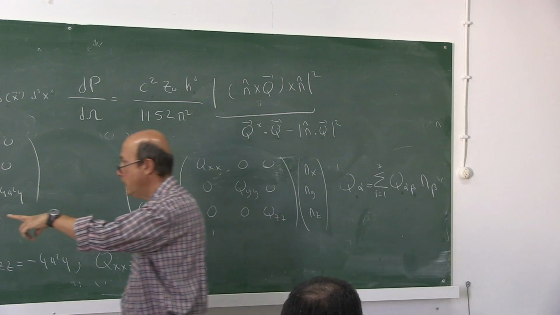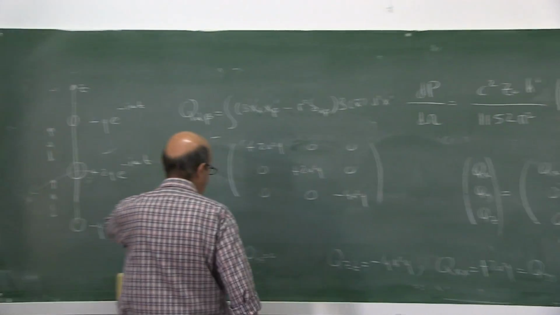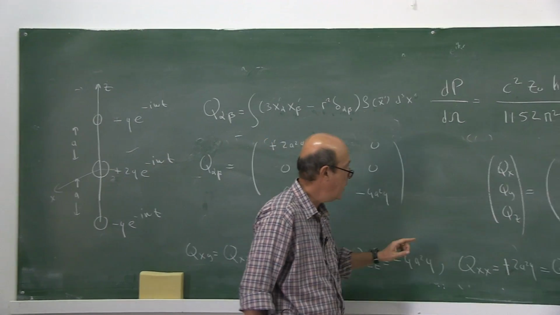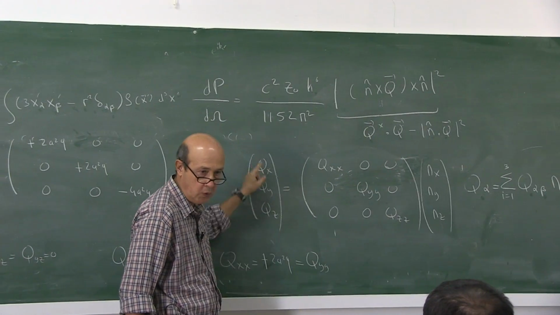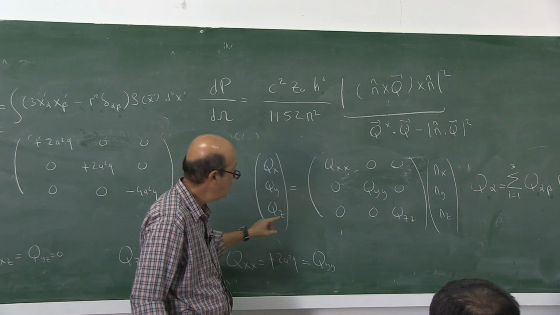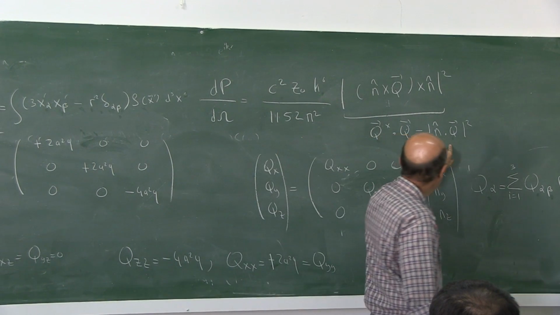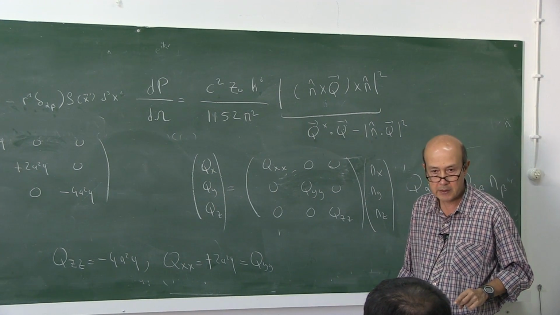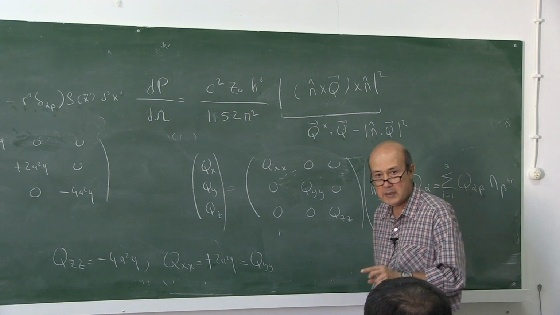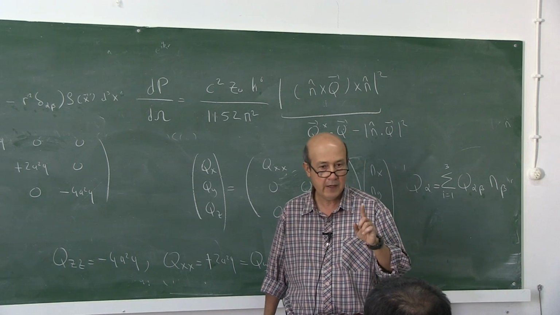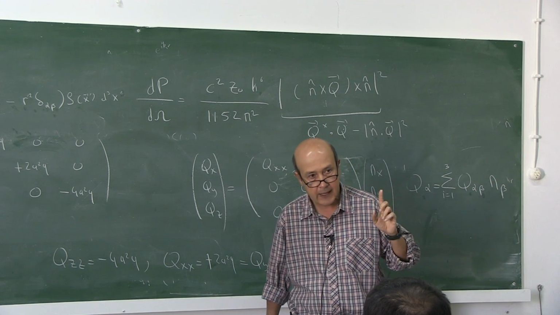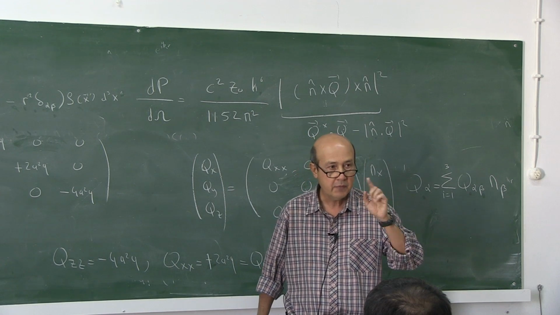For this kind of particle radiation, we calculated the electric quadrupole moments. And next time, I will calculate the Q vector, the elements of Q, and I will plug them in, and I will obtain the radiation pattern. And as you guess, in the radiation pattern, I will have 4 poles instead of 2. In dipole radiation, we have 2 poles.